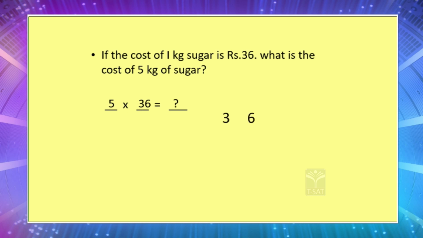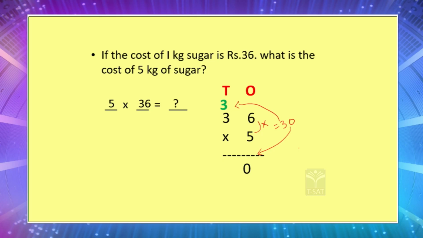What is the standard form of this multiplication? 6 is in the ones place and 3 is in the tens place, and we multiply 36 by 5. First we multiply 5 into 6, and we get 30. What is the units place of 30? 0. The 0 will be written here, and the 3 goes as a carry to the tens place.